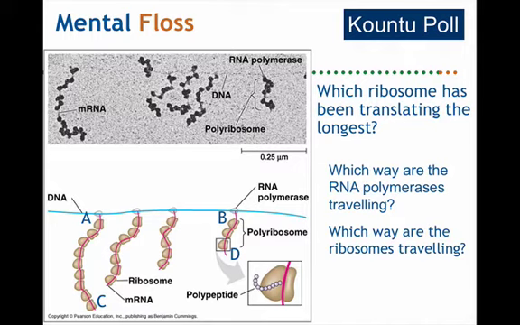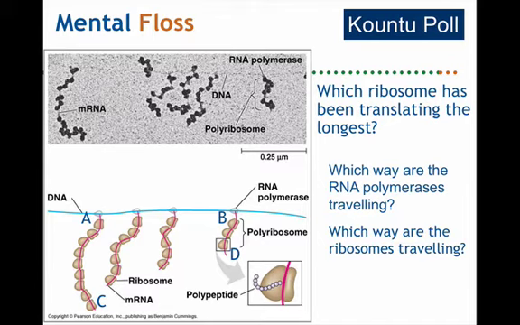The one on the left, your left, is the one that has been transcribing the longest. That's the oldest polymerase. As soon as a little bit of message comes out of a polymerase, a ribosome can jump on there. As soon as the first bit of message comes out of a polymerase, the SD box is right there, and ribosomes will jump on that and start to translate. And they'll translate right along behind the polymerase. So yes, which one is it?